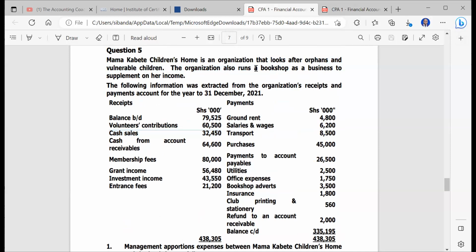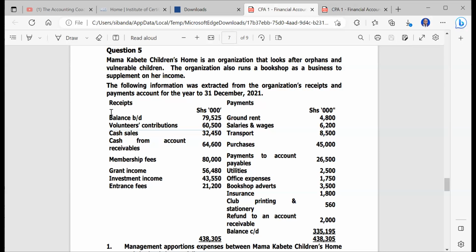They also have expenses that they have to pay for, so they need to be able to run a business on the side. This business in accounting, we handle more like a private business, and you'll see that when we are preparing financial statements for the bookshop in this case.